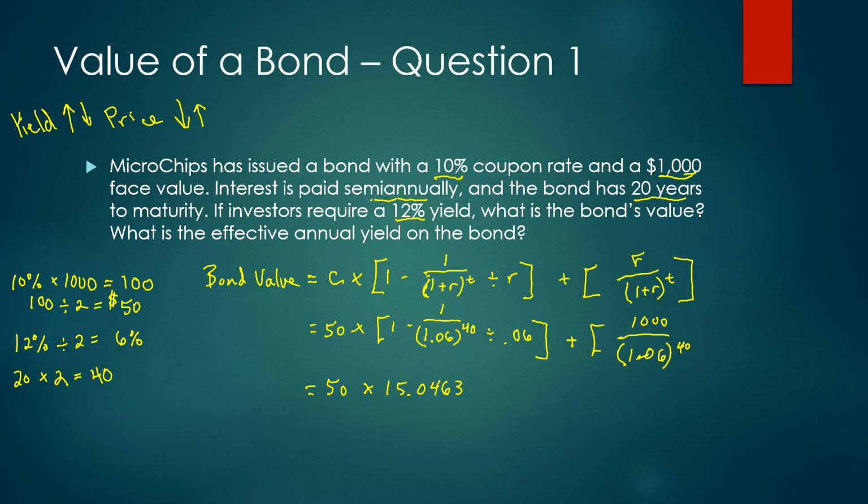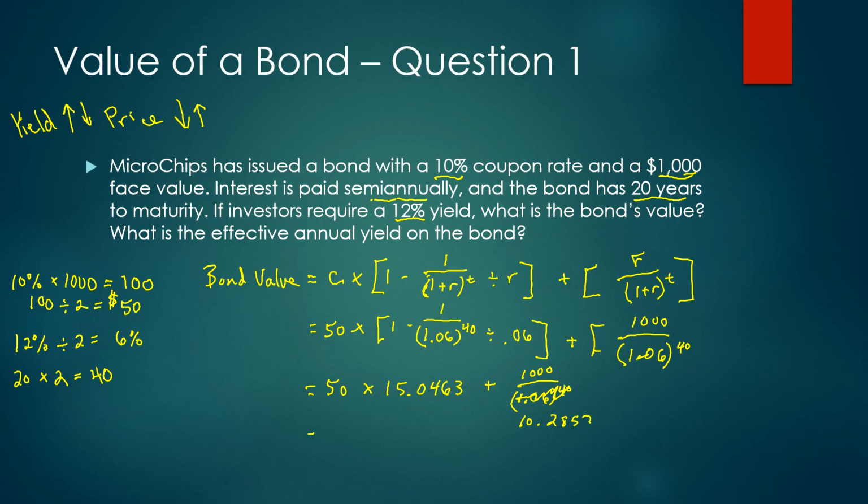And then we have plus 1,000 divided by 1.06 raised to the 40, which is actually 1,000 divided by 10.2857.